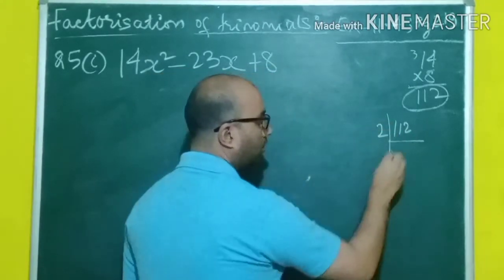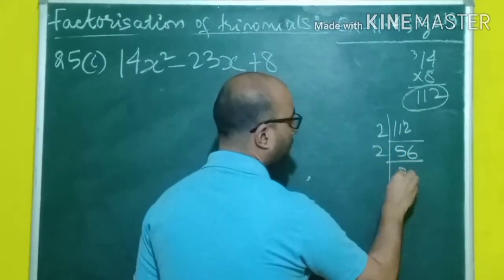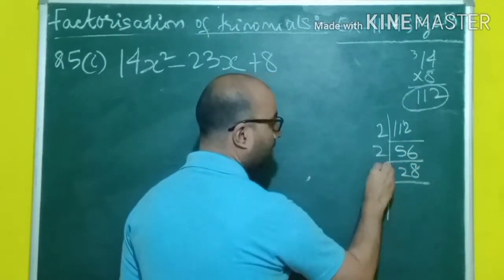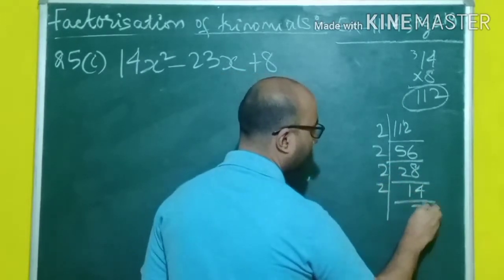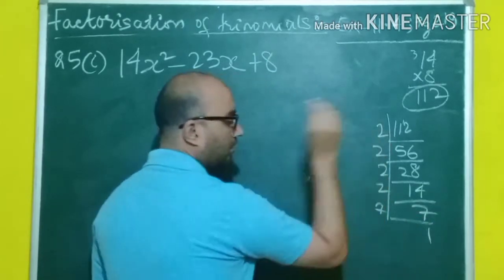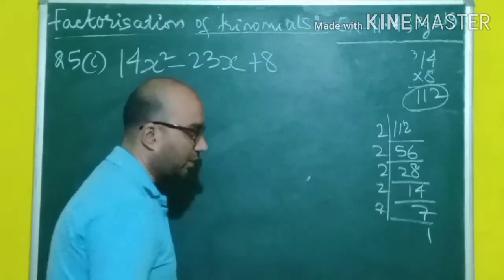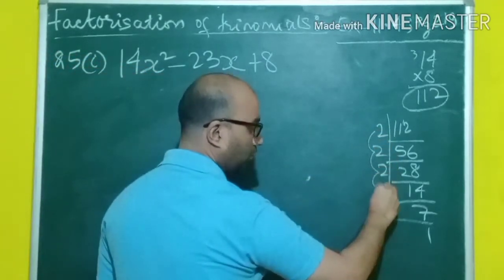So we start with 2 5s are 10, 2 6s are 12, then 2 2s are 4, 2 8s are 16, then 2 1s are 2, 2 4s are 8, then 2 7s are 14. Then we have 7 1s are 7. So let us try to check the combination which will give us 23. So 2 2s are 4, 4 2s are 8, 8 2s are 16.